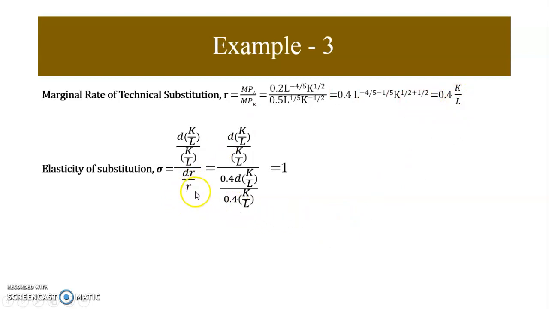Now d(K by L) and d(K by L) get cancelled, K by L and K by L get cancelled, 0.4 and 0.4 get cancelled. So the value is 1. It shows that even when the returns to scale are not constant, meaning not 1, our elasticity of substitution can be 1. So this is proved.